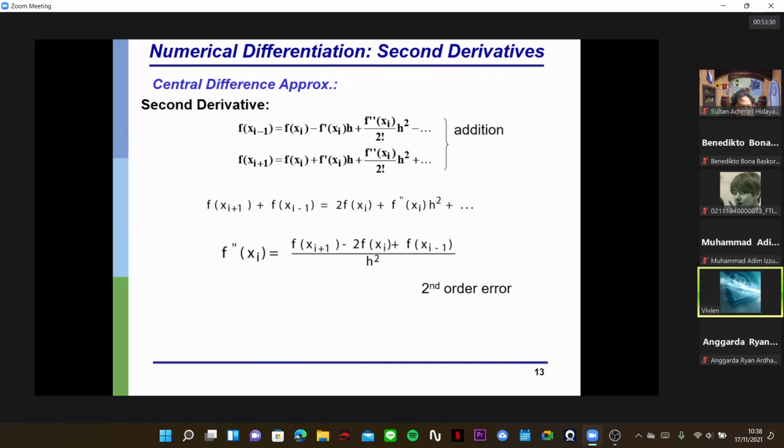The last one that we tested here is this equation: minus f(x_{i+2}) plus 8 f(x_{i+1}) and so on. So we find the first derivative using the central difference scheme, which is fourth order, over 12h.